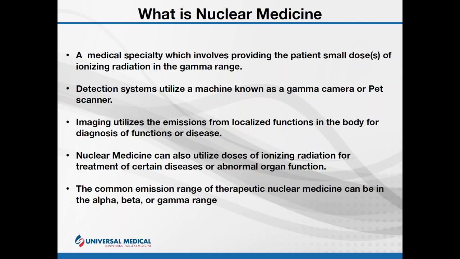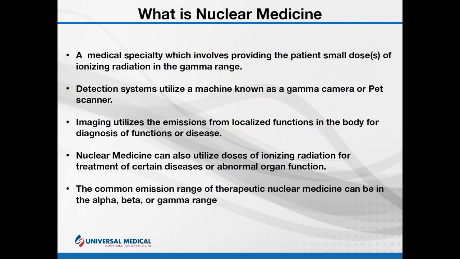The emissions are from localized organs or body functions, and they can be used to diagnose the presence or severity of conditions such as cancer, heart defects, or a lot of other issues. Nuclear medicine is unique in that it is able to pinpoint molecular activities and identify diseases at their earliest stages. Another use of nuclear medicine is in the realm of therapy.